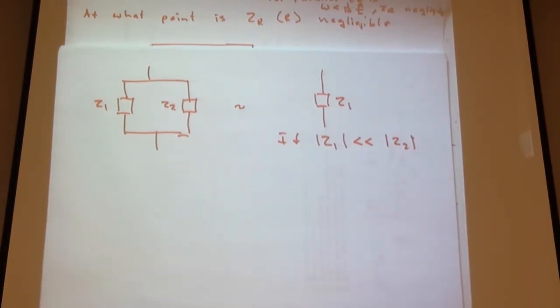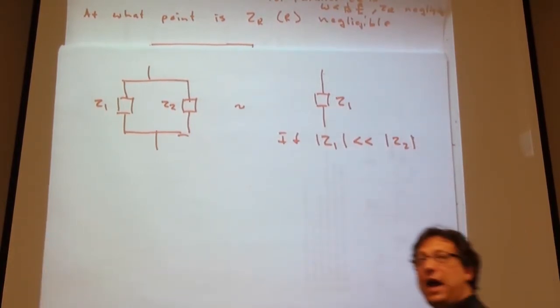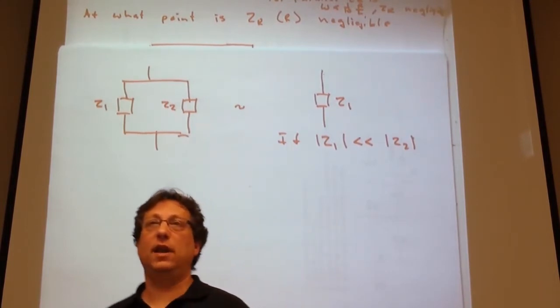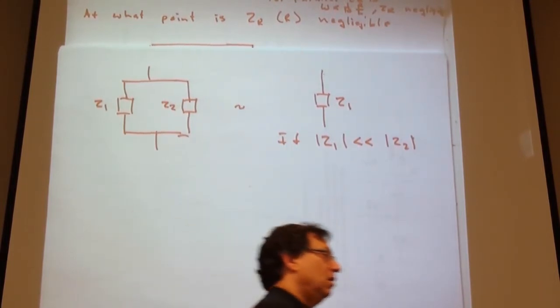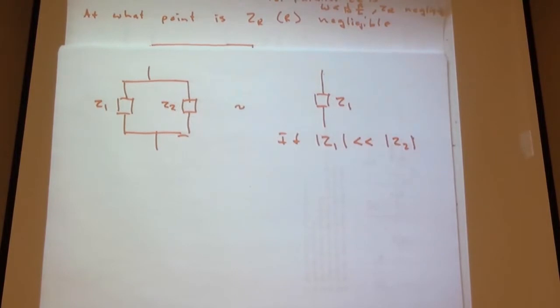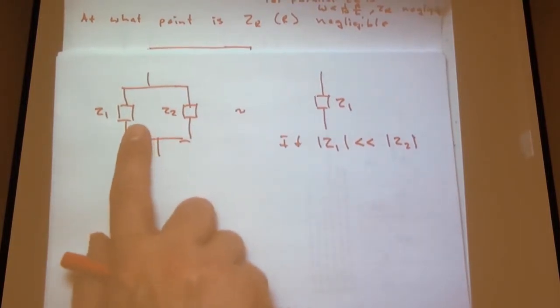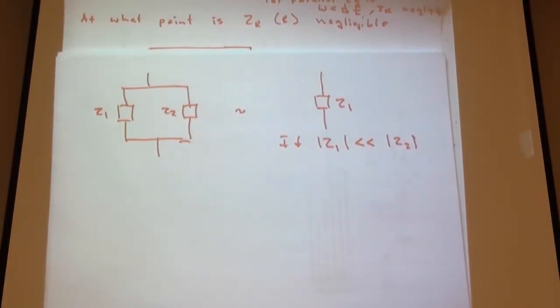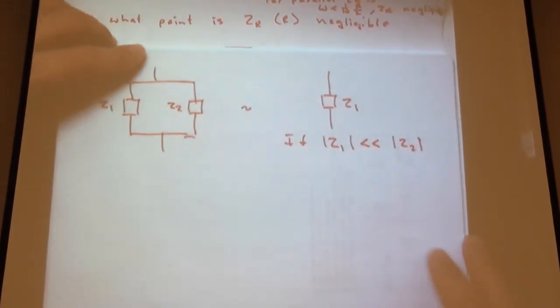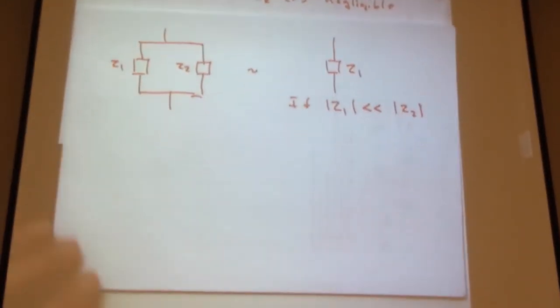It doesn't matter whether either of these are capacitors or inductors or resistors. We compare the magnitudes of the components. If one magnitude is much smaller than the other for a parallel circuit, here's our approximation. We did something similar for just resistor circuits in Lab 2 or Lab 3, I can't remember which one it was. But a factor of 10 wound up being a fairly reasonable value.